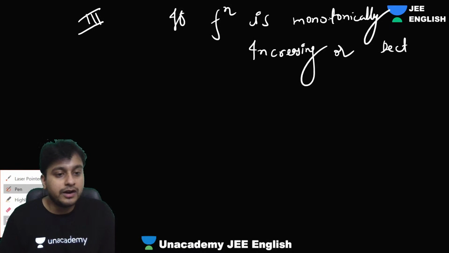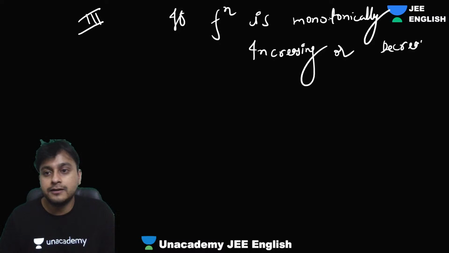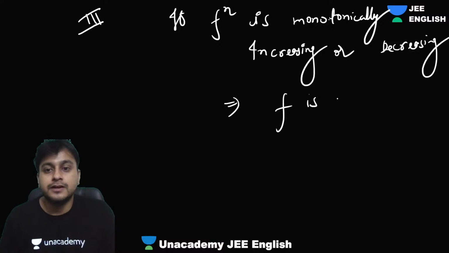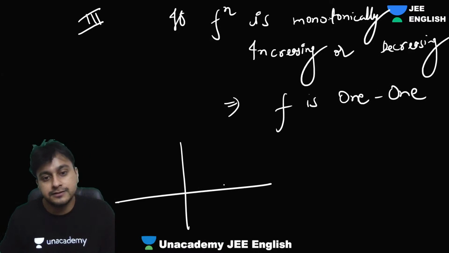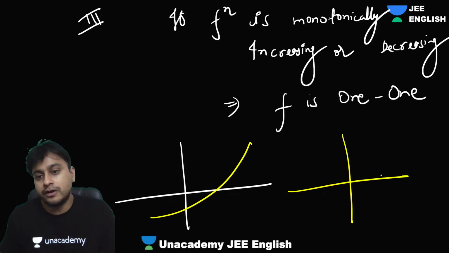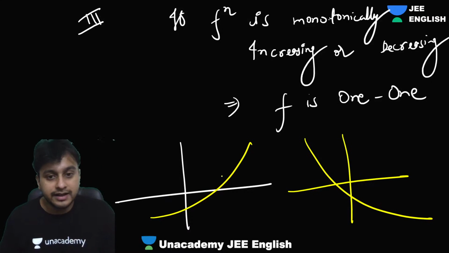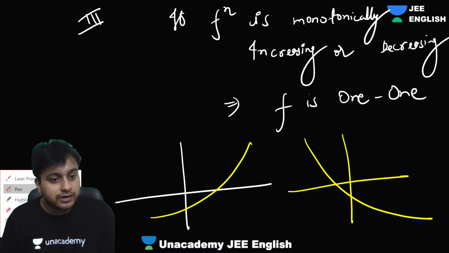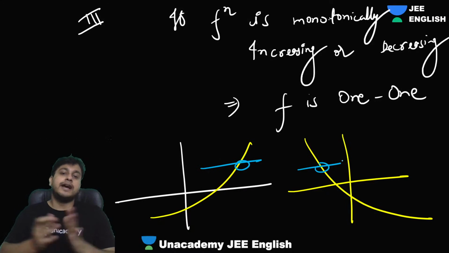That implies f is one-one, isn't it? Because if the graph is like this, or like this, or like this, if it is a decreasing or increasing curve, it does not matter. The horizontal line will cut it only one time. Understood? So then also f is one-one.